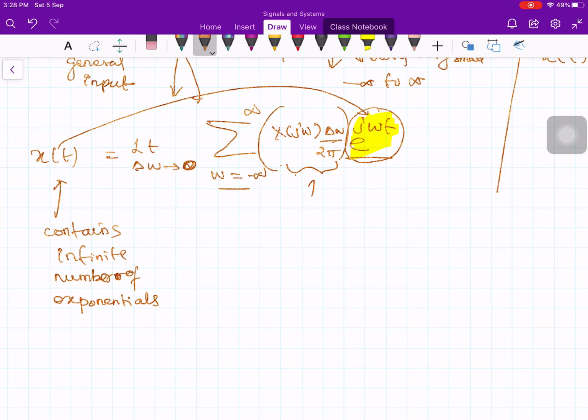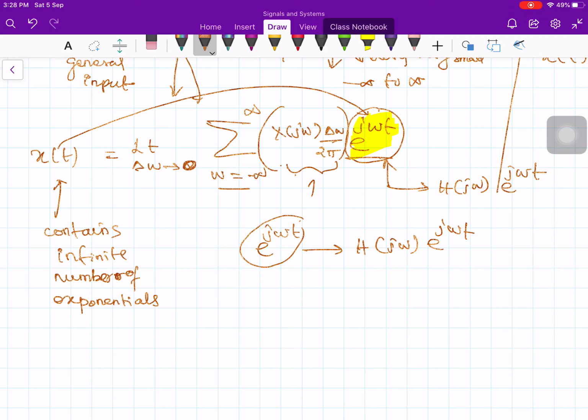Okay, so if this is the input, what is the output? Output is h of j omega times e to the j omega t, right? So e to the j omega t is the input, then the output is h of j omega times e to the j omega t. Now instead of sending only e to the j omega t, you are sending this lot of things. This many things you are giving the input now.